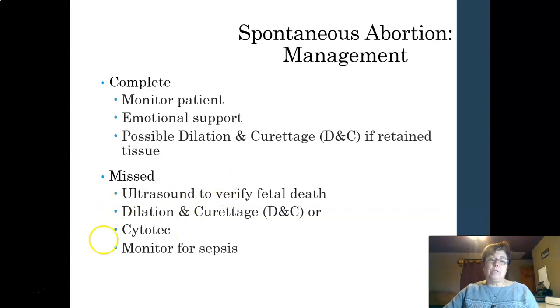Many times they will then just do a D&C and insert the instrument, scrape the lining of the uterus to remove all of the tissue of that pregnancy, and then suction it out, okay? And then monitor her to make sure that she was not beginning to develop sepsis because of that dying pregnancy.